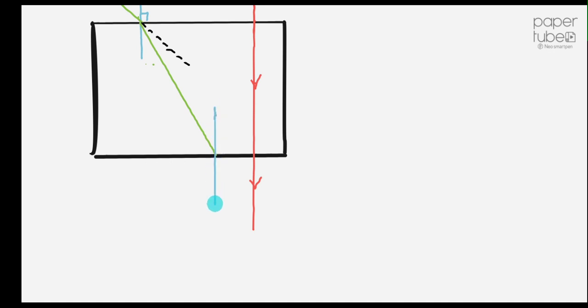See it in blue there? And then we're going to go here. So again, we're going from glass to air. So it's going from more dense to less dense, away from the normal.